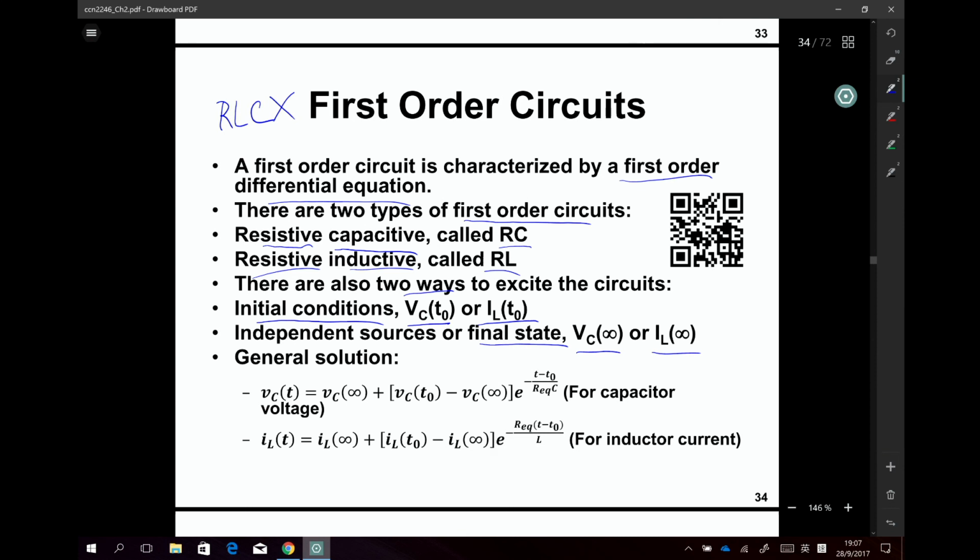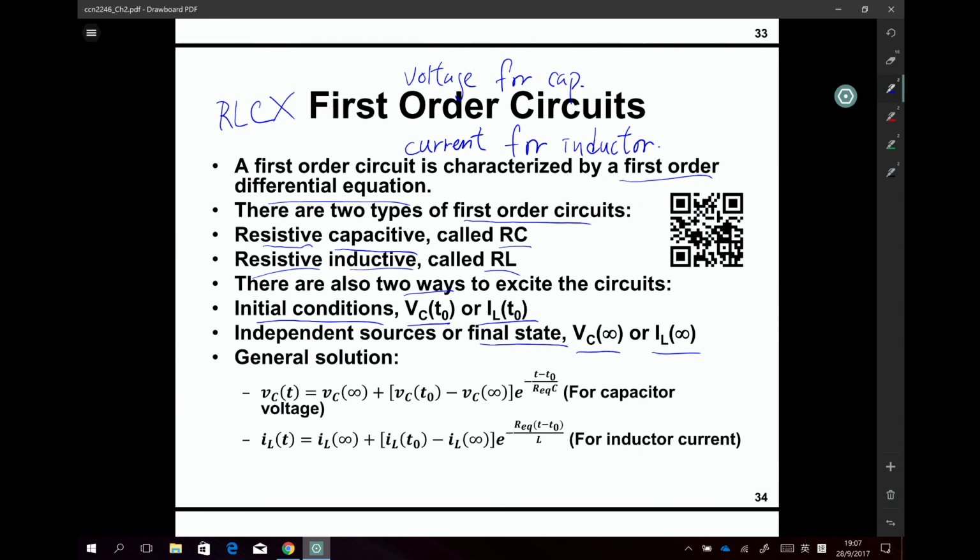Also here, due to the continuity of the function, we consider the voltage for the capacitor and the current for the inductor. This is because if you consider the current of the capacitor, you find that the function is discontinuous.